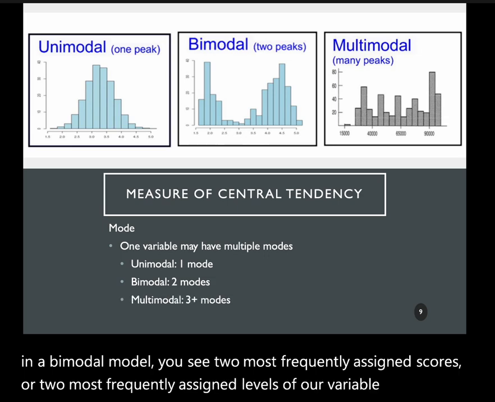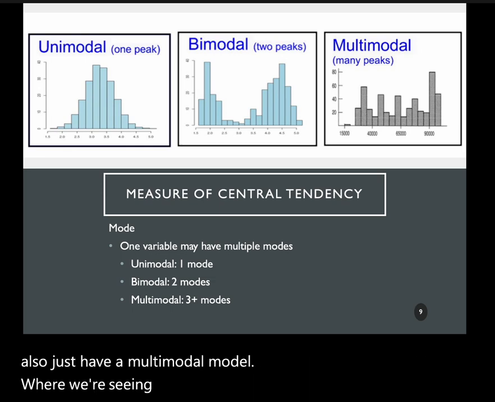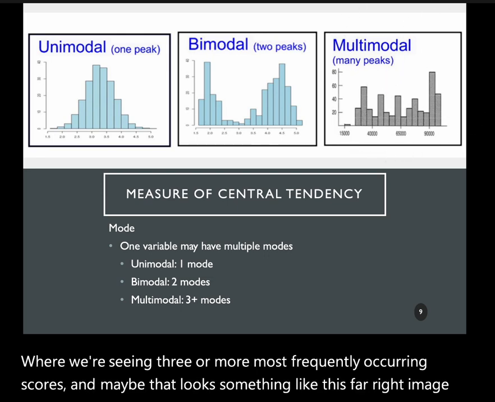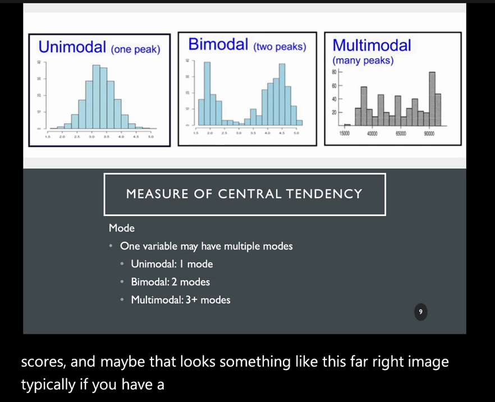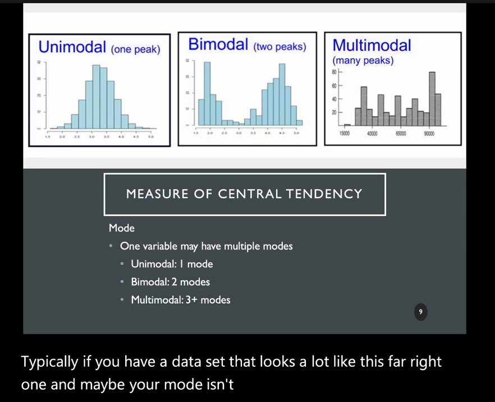But we can also have a multimodal model where we're seeing three or more most frequently occurring scores, and maybe that looks something like this far right image. Typically, if you have a data set that looks a lot like this far right one, then maybe your mode isn't the best measure of central tendency.